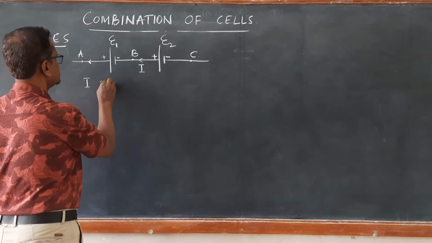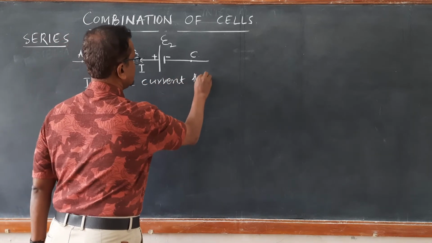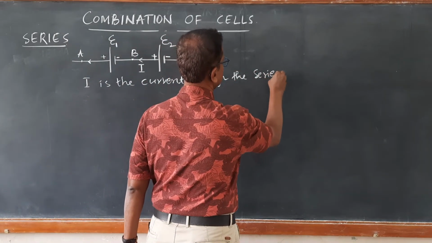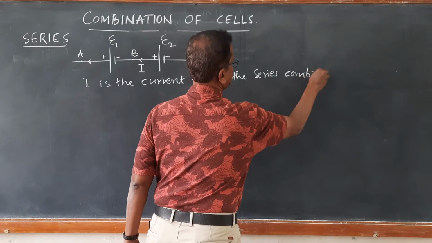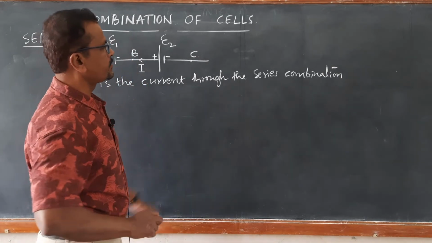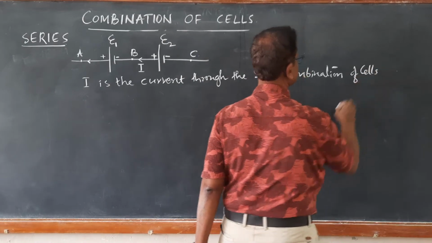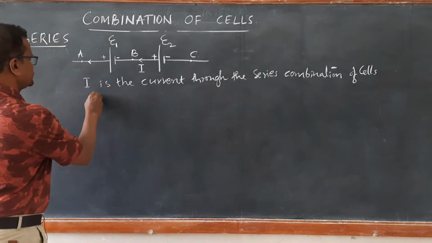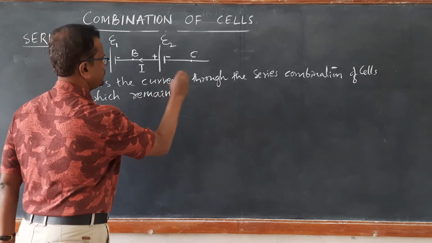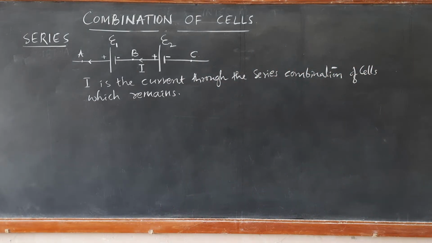I is the current through the series combination of cells, which remains same. The current I is same when the cells are in series combination.